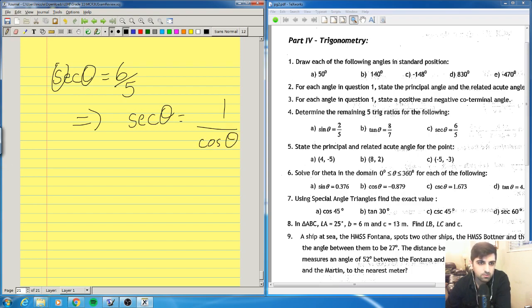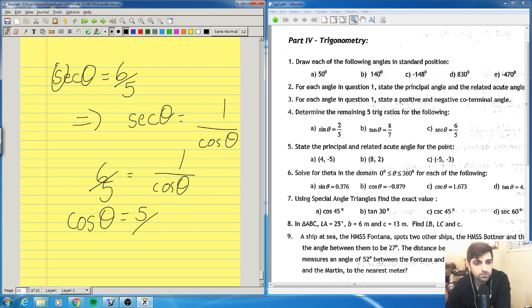You start with an S, you end with a C. So if I start off with 6 over 5, that's 1 over cosine theta. If I flip both sides, I flip 6 over 5 to 5 over 6, and 1 over cosine theta to cosine theta over 1. Then I get cosine theta equals 5 over 6.